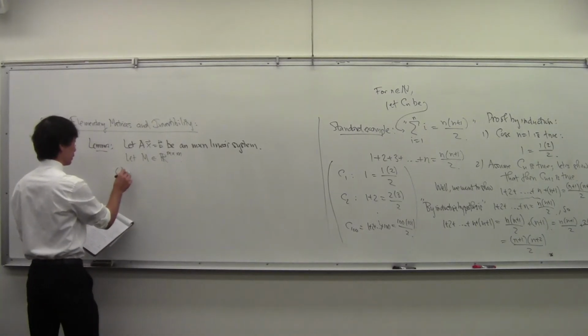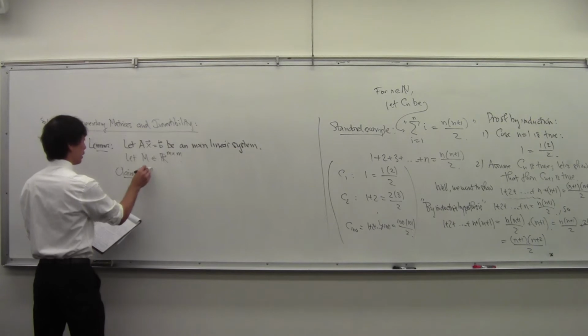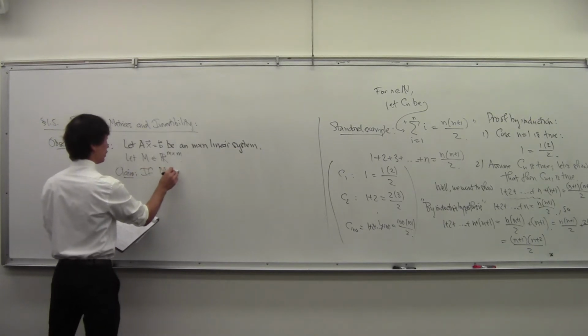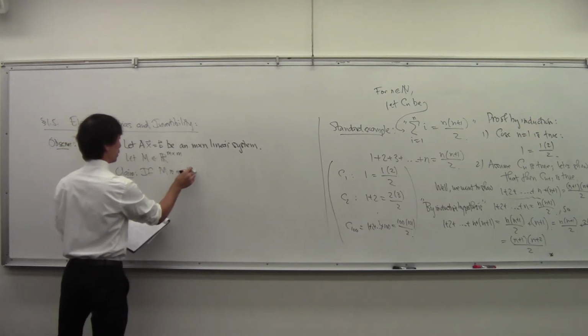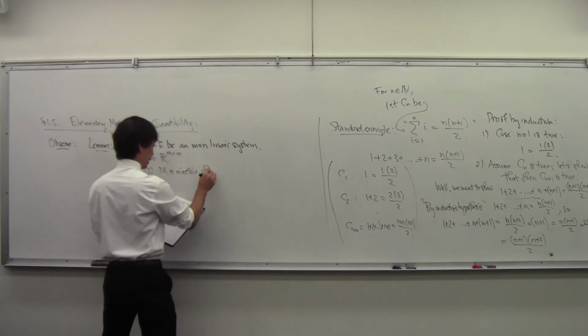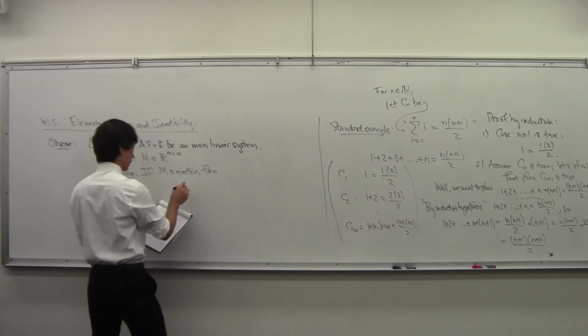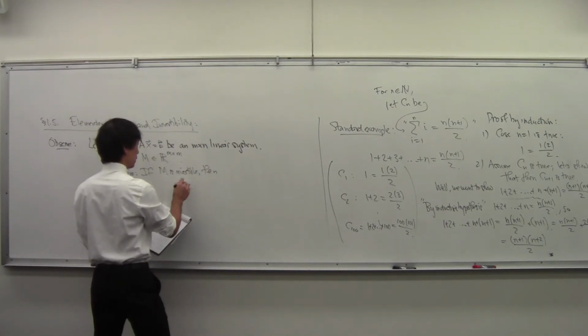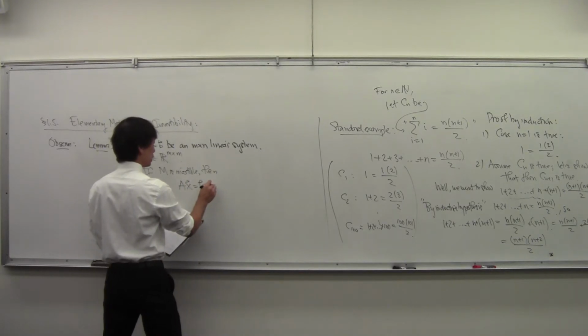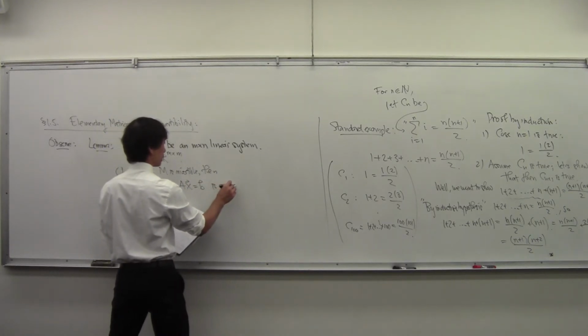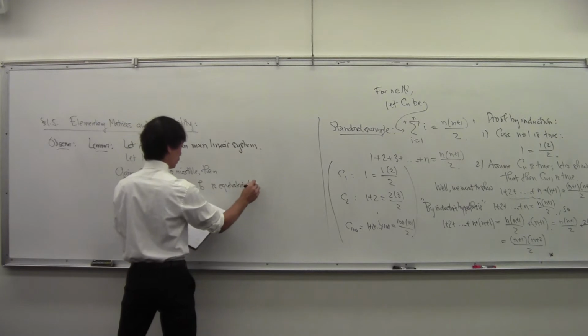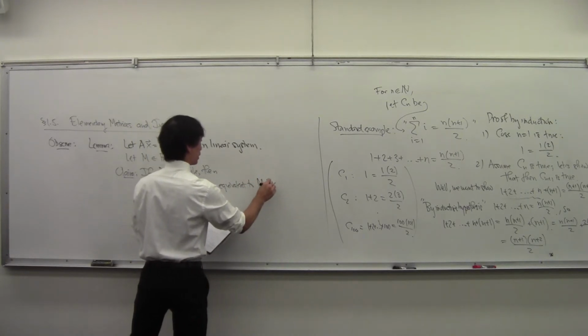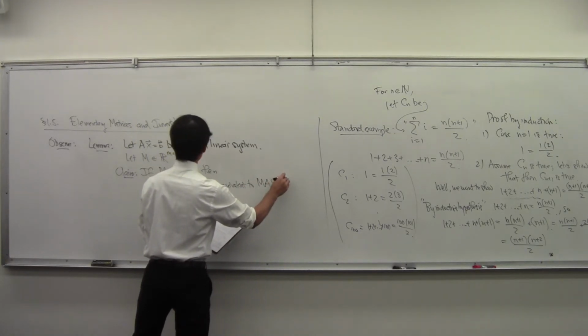Okay. Claim: if M is invertible, then the system AX equals B is equivalent to the system MAX equals MB.